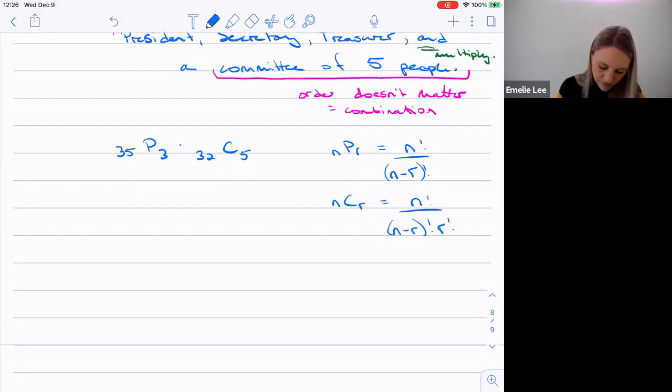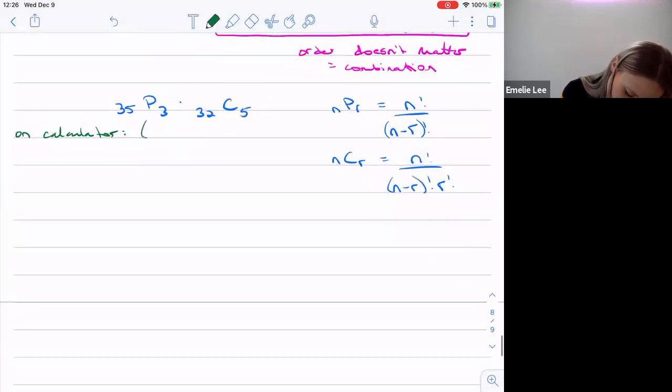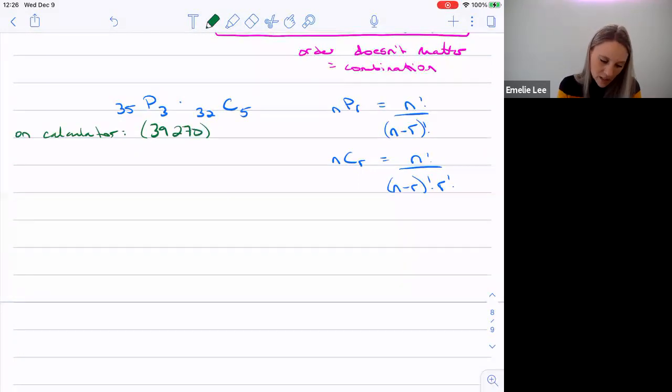On your calculator, I'll do both. You've got 35P3, it's going to be 35 times 34 times 33. 35 times 34 times 33 is 39,270, which I'll confirm with my buttons. 35P3, yeah, it's the same, good.